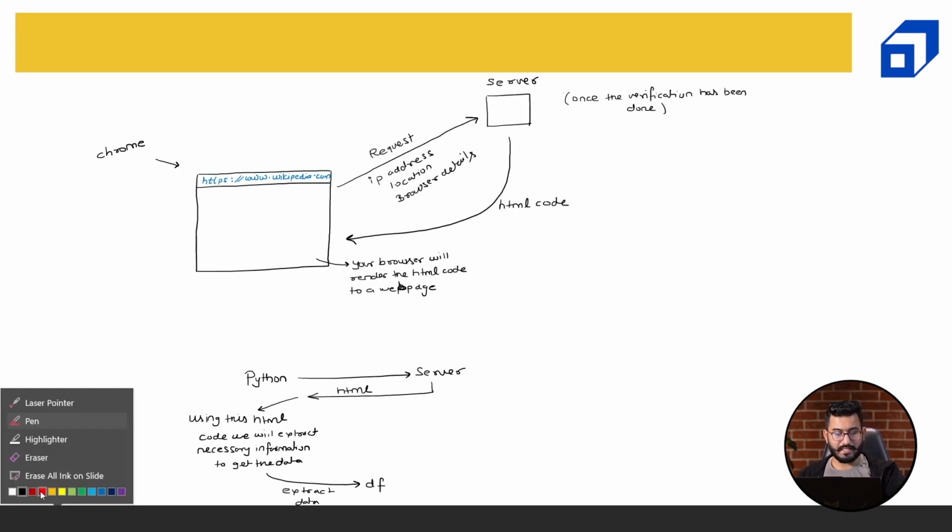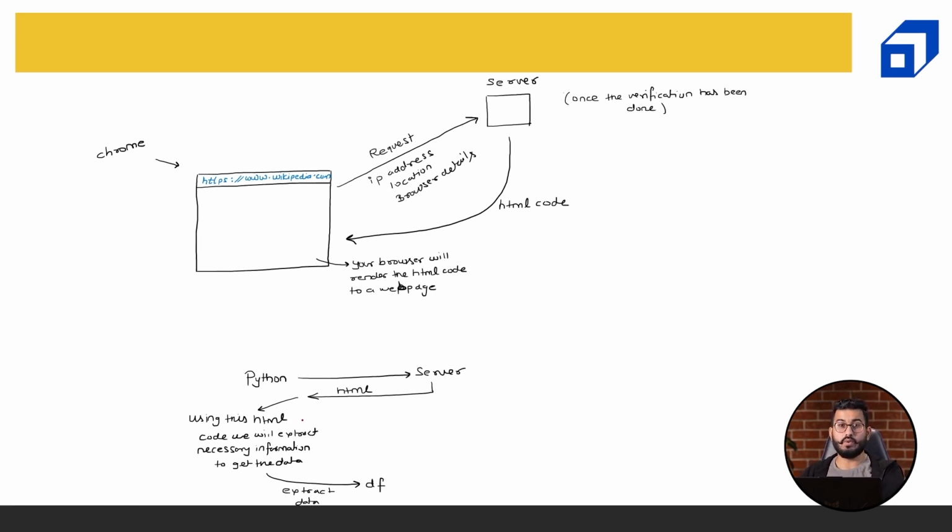Now, in order to carry out this process, we need two libraries. In order to send a request from Python to the server, we need a library known as requests. The requests library will help Python send a valid request to the server, and then the server will return the HTML code. Now we need another library, which is known as Beautiful Soup.